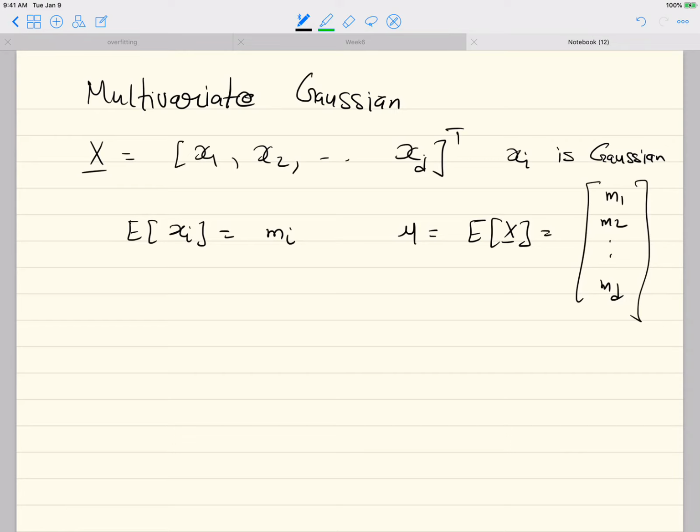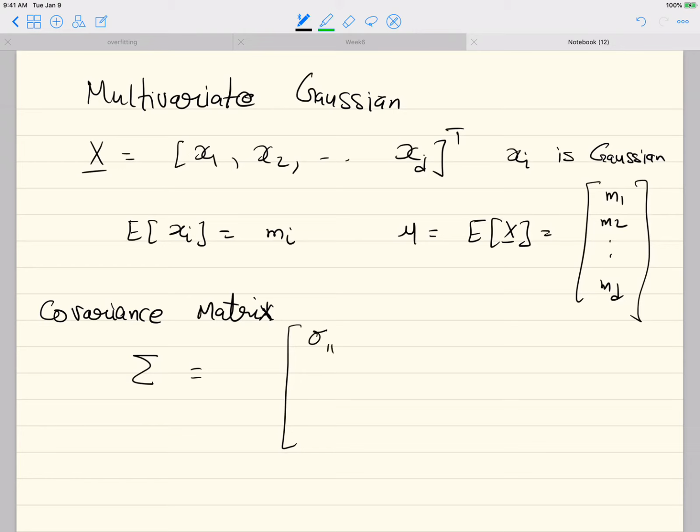So this is the expected value of x. The other quantity is the covariance matrix. The covariance matrix will be denoted by sigma, and it will be a d by d matrix.